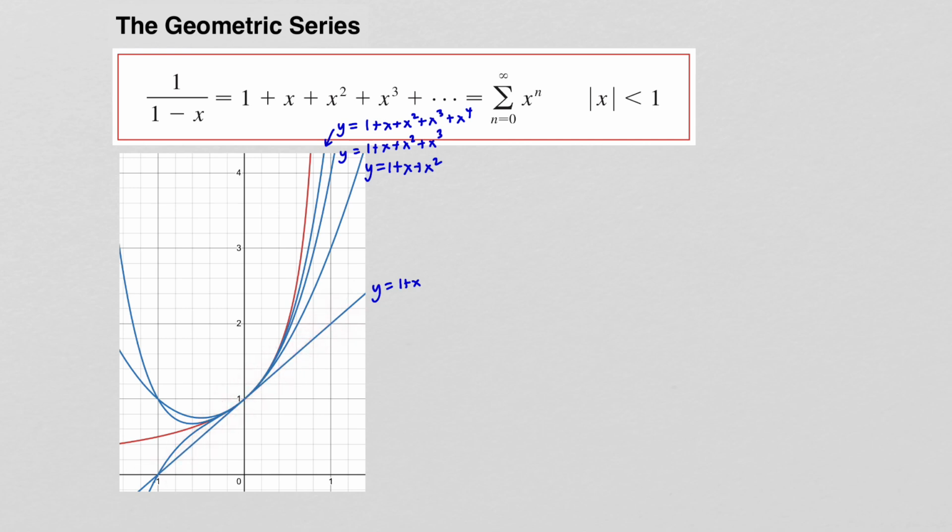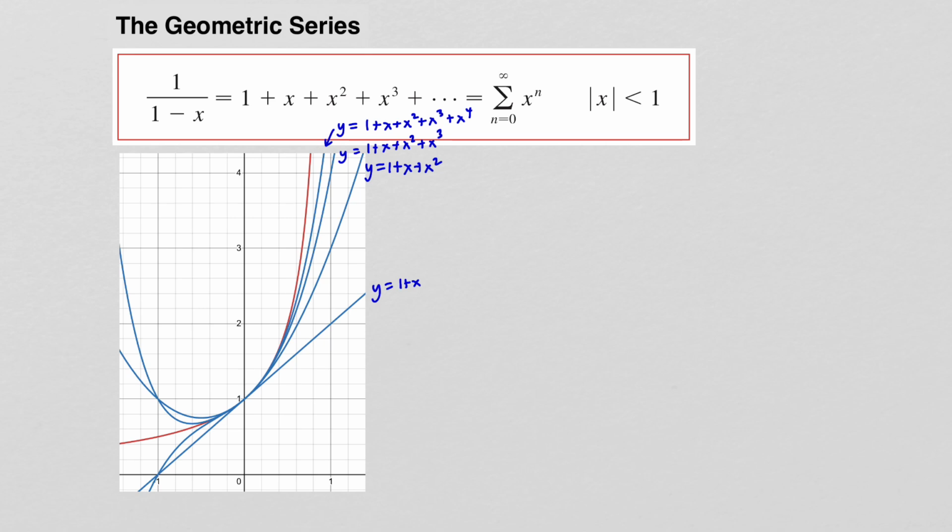And then I have y equals 1 plus x plus x squared, which is this parabola here. And then we have 1 plus x plus x squared plus x cubed. And finally, 1 plus x plus x squared plus x cubed plus x to the fourth. So each time, you should notice that I'm just adding one additional term of this infinite series.